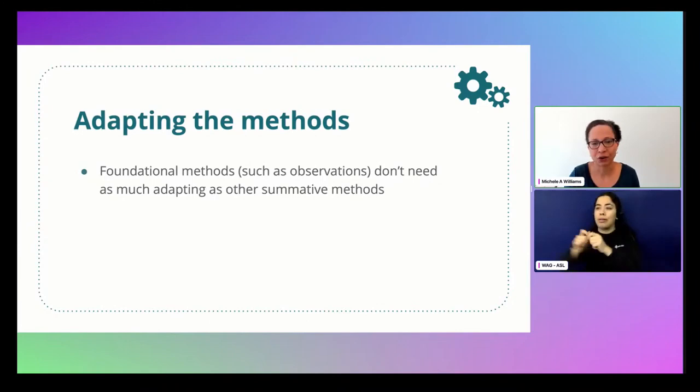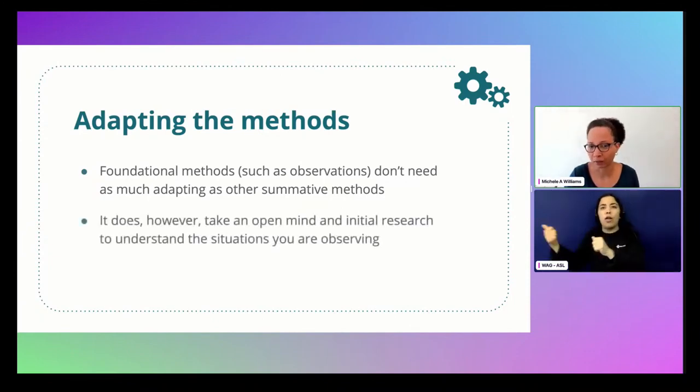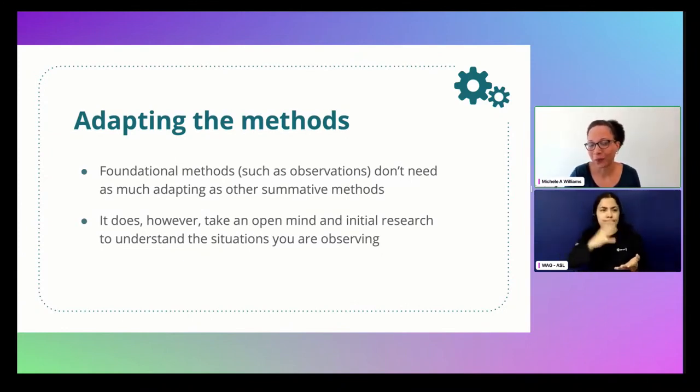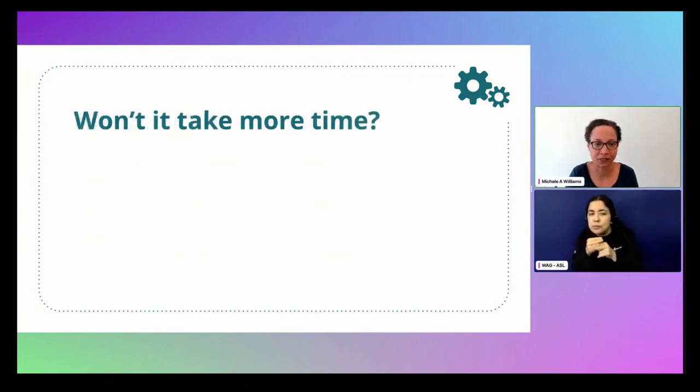So for instance, there are a variety of ways to gather the data that doesn't take as much building up as some of the other, again, prototype or final product methods. It does, however, take an open mind and some initial research to understand the situations that you are observing.